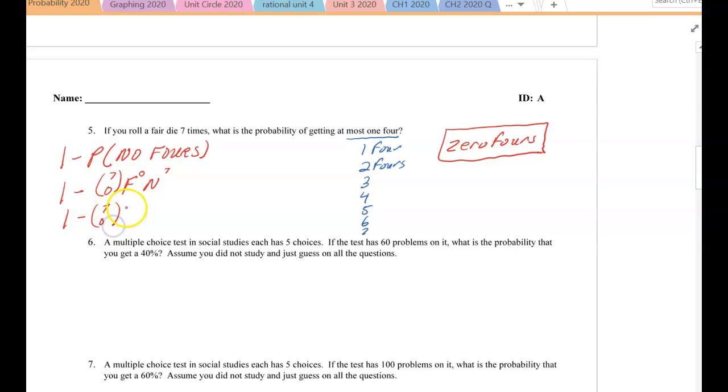The chance of getting a 4 is 1 out of 6. The chance of not getting a 4 is 5 out of 6. And that would be the 7th power. And then when you type this into your calculator, you get around 0.2791. So this is approximately 1 minus 0.2791. And let me fix that. So the final answer here is 0.7209.